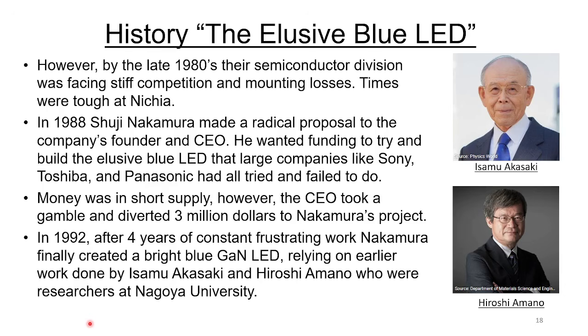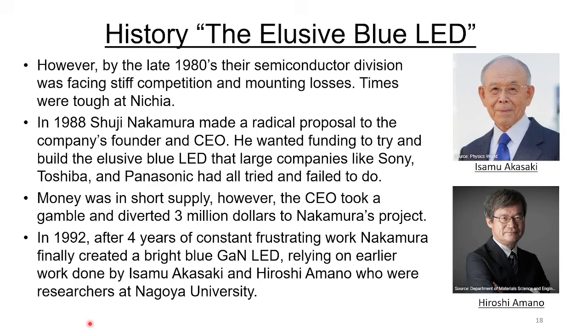Times were pretty tough at Nichia. In 1988, Shuji Nakamura made a radical proposal to the company's founder and CEO. He wanted to try and build the elusive blue LED that large companies like Sony, Toshiba, and Panasonic had all tried and failed to do.